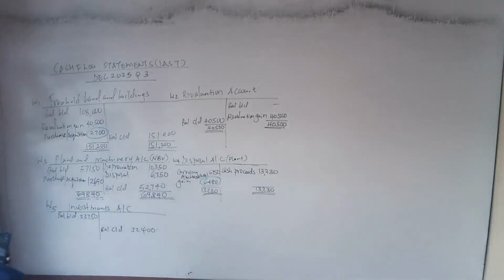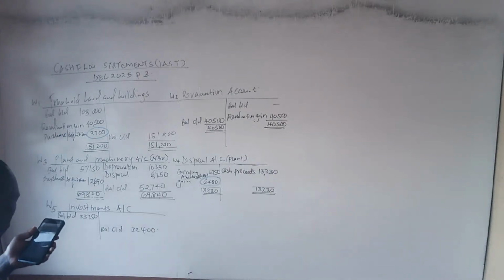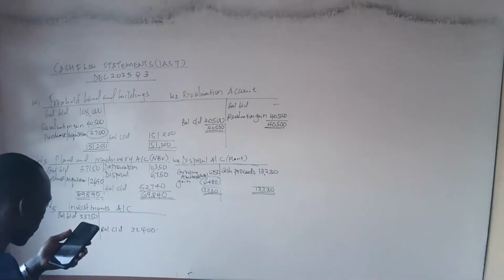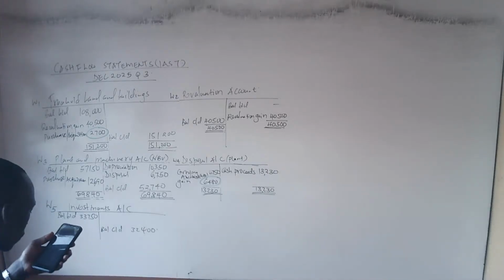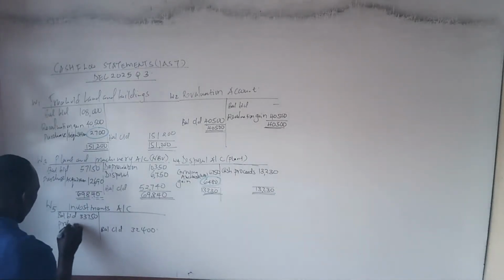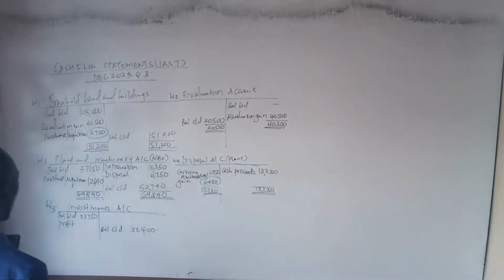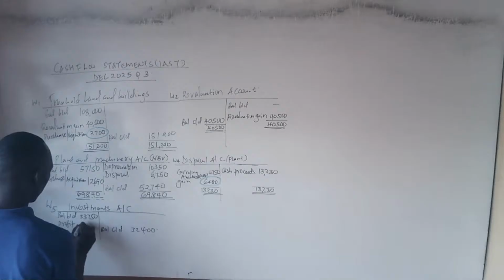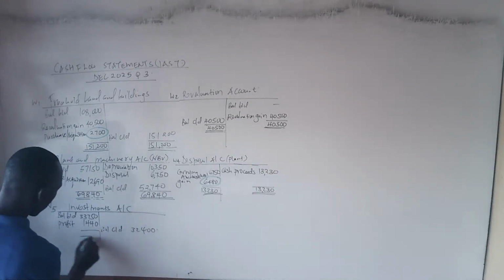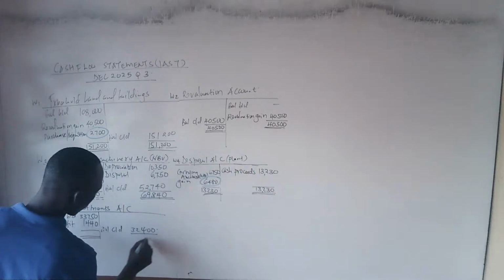Then from there, we go to additional information number 4, whereby we are told during the year ended 30th September 2025, part of the investment was sold at a profit of 1,440. So we have a profit of 1,440.